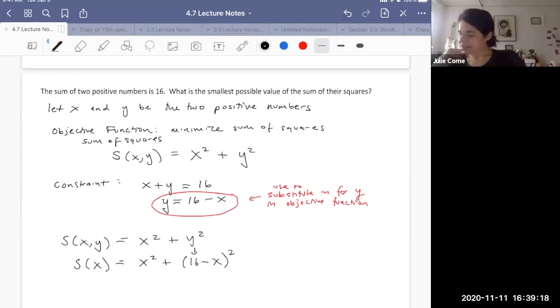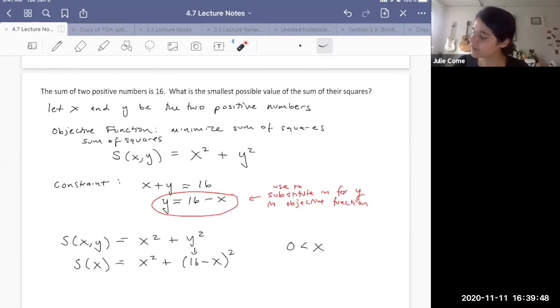What values are going to make sense here for x? We have two positive numbers that have to sum to 16. If they both have to be positive, then x can't be exactly 0, because 0 isn't positive, so x has to be strictly greater than 0. And if y also has to be positive, then x can't be exactly 16, because then y would have to be 0.